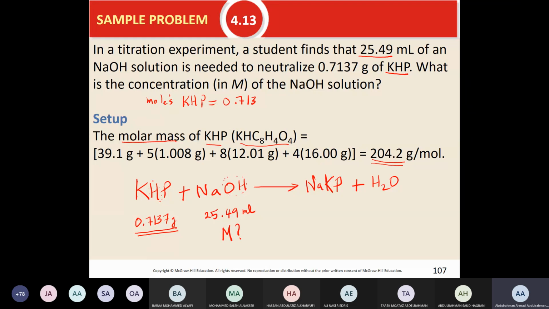What should I write? 0.7137 divided by molar mass. KHP multiplied by 1 over molar mass. Yeah, 1 mole KHP divided by 204.2 gram KHP.